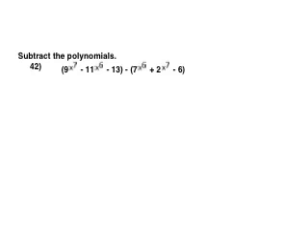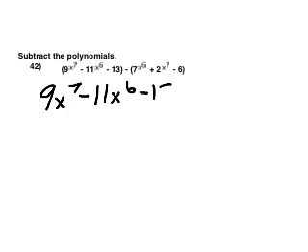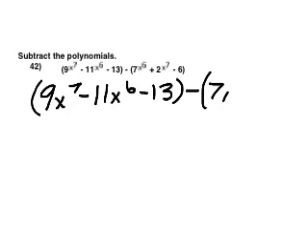So I'm going to do the same thing with these. I have 9x to the 7th power minus 11x to the 6th power minus 13. And this is minus 7x to the 6th power plus 2x to the 7th minus 6. Okay, so I'm going to change this to a plus, and I'm going to make these all the opposite signs.